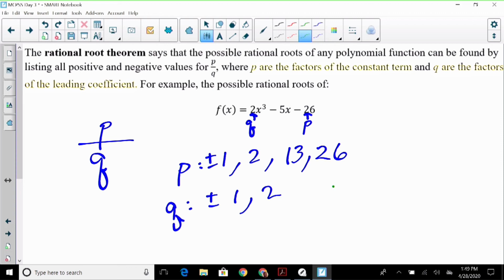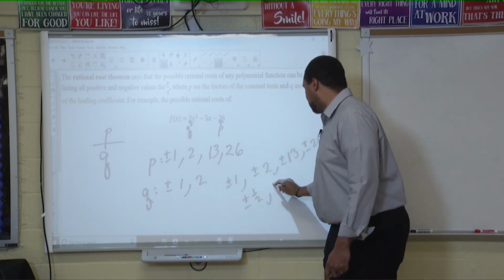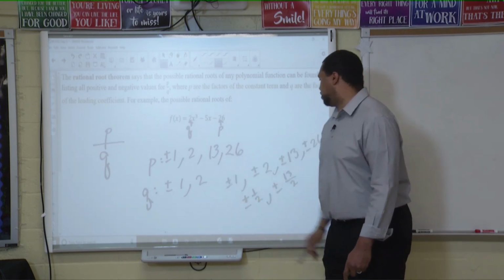This becomes 1 over 1, 2 over 1, and that's plus or minus 13 over 1, 26 over 1, 1 over 2, plus or minus 1/2. Yes, we will have fractions from time to time. 2 over 2 is already there, which reduces to 1. 13 over 2, plus or minus 13/2, and 26 over 2, which is already here.